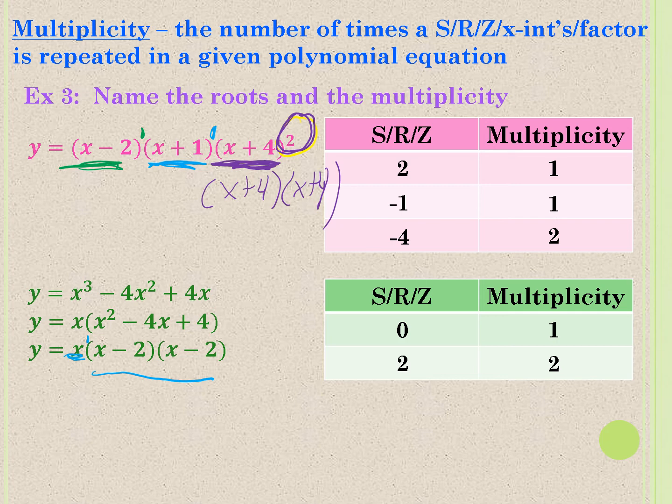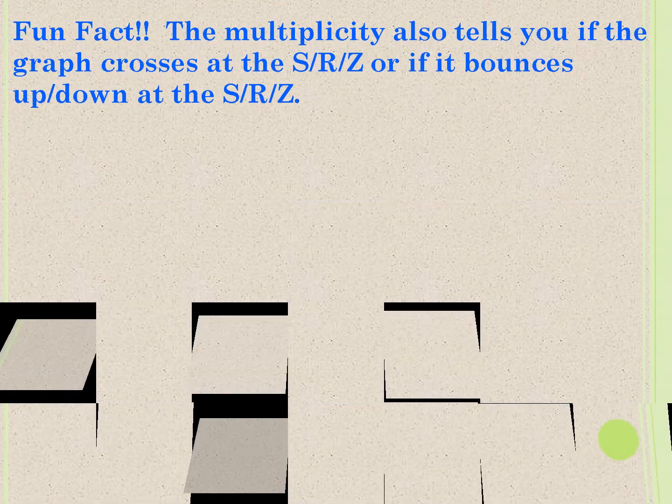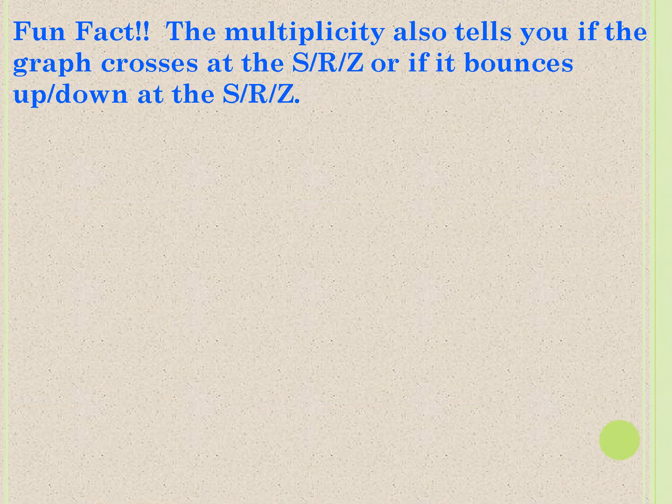And that is literally all there is to multiplicity. Now, another fun fact. The multiplicity also tells you if the graph crosses at the zero or if it bounces up or bounces down, if it's a bounce or if it's a cross.